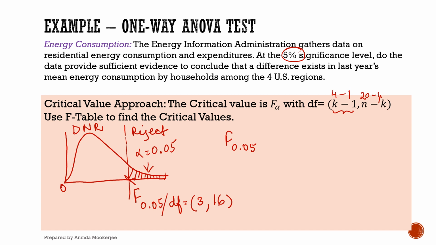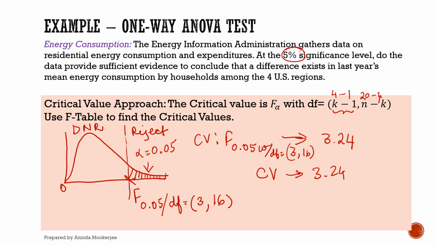So F of 0.05 with DF equals 3 and 16 is 3.24. All right, it's 3.24, and that's our critical value. CV is 3.24.